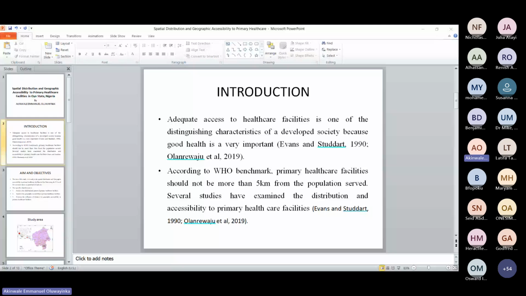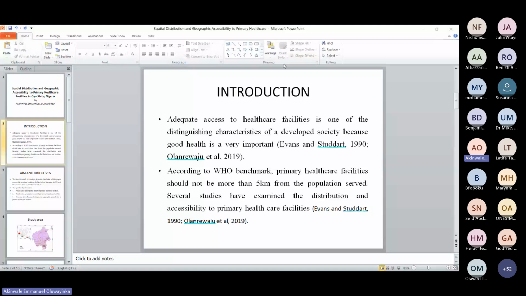And this is the table showing the population within and outside the 5 kilometer WHO recommended distance. We can see the total population for each local government, and this was the calculated population that falls outside the 5 kilometer distance.